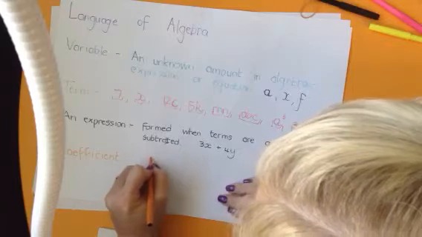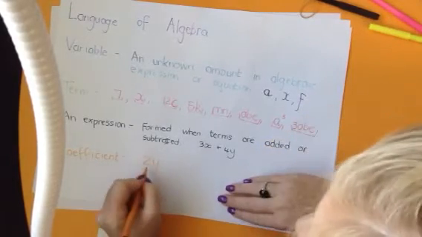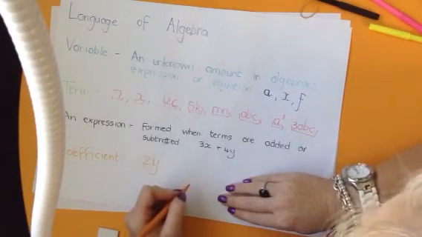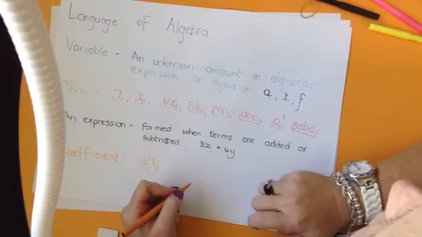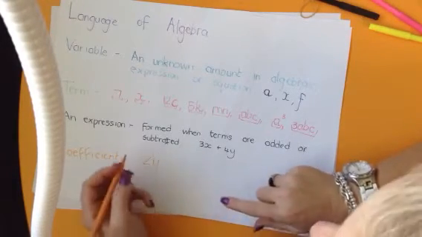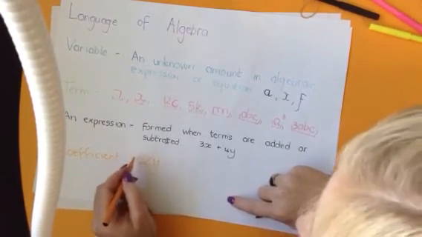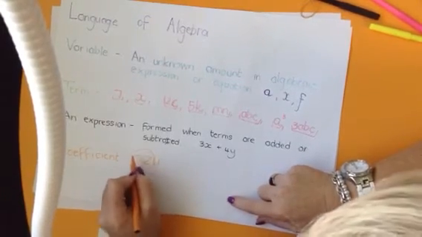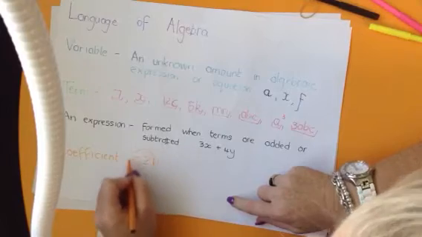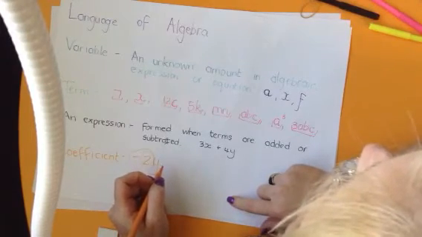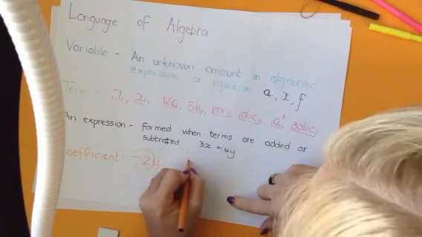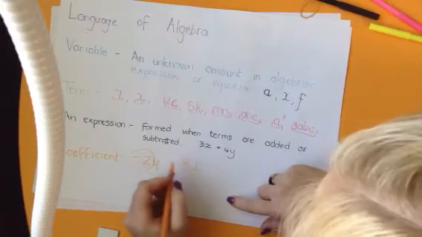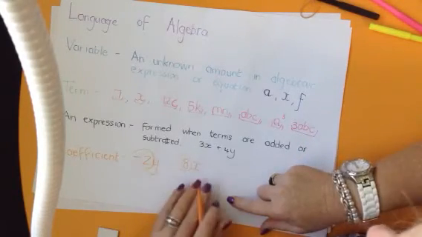So if we had 2y, 2 would be the coefficient, okay? And if it was negative 2y, the coefficient would be negative 2. It takes on the sign in front of it. If there isn't one, it would be a positive. So if we did 8x, the coefficient would be 8, and it would be a positive 8.